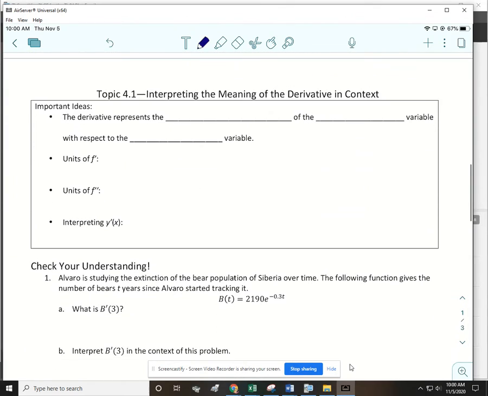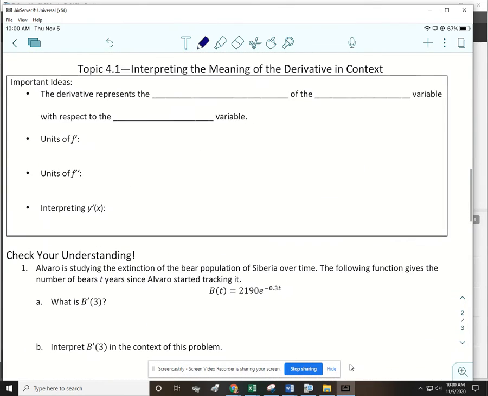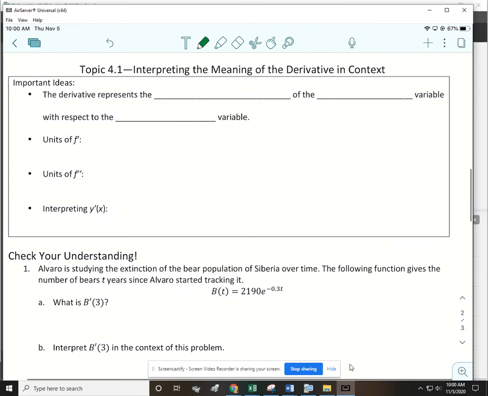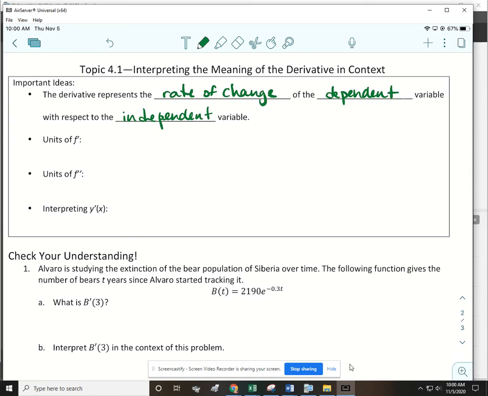Okay, so let's move here to the notes section. So our important idea is that the derivative represents the rate of change of the dependent variable with respect to the independent variable. Okay.